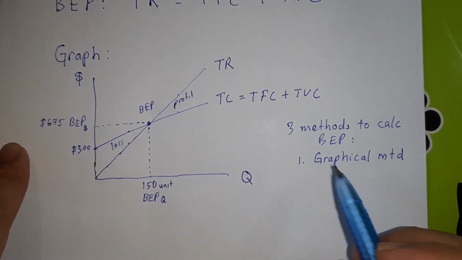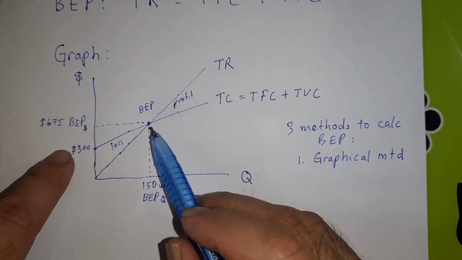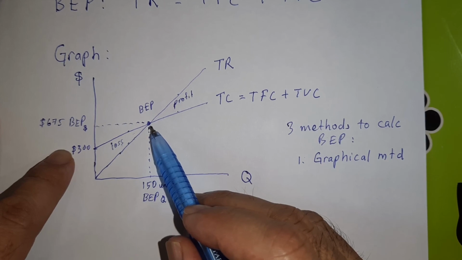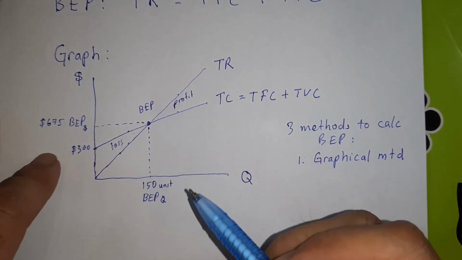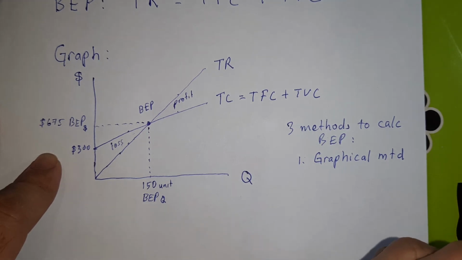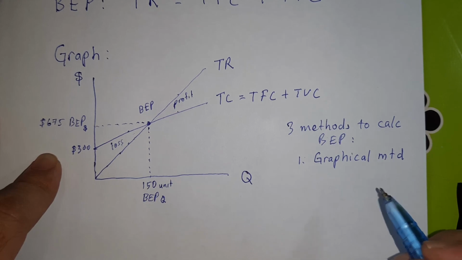The graphical method is like this. You have to draw a graph, and then you can identify the break-even point. This method is not very practical because it takes some time to draw the graph, and you have to have graph paper.